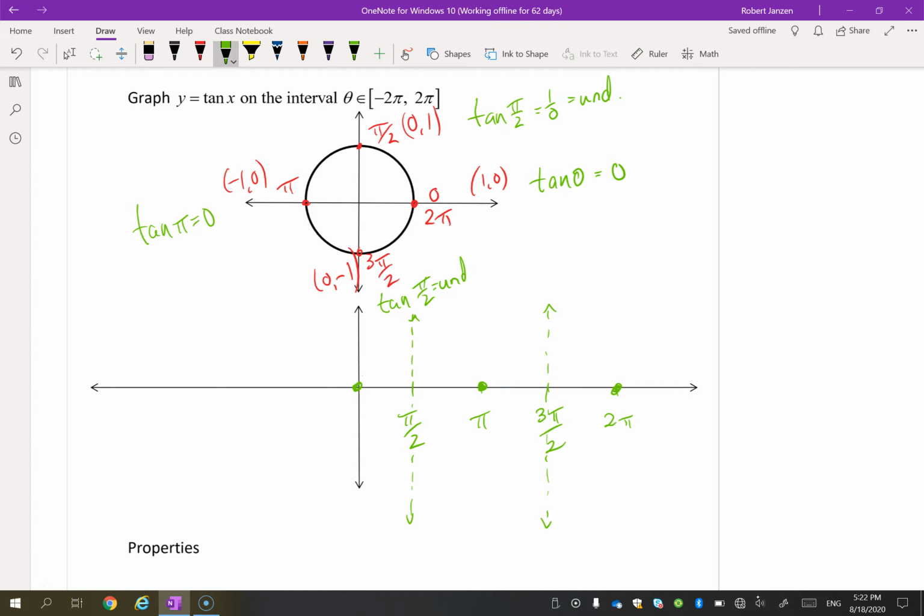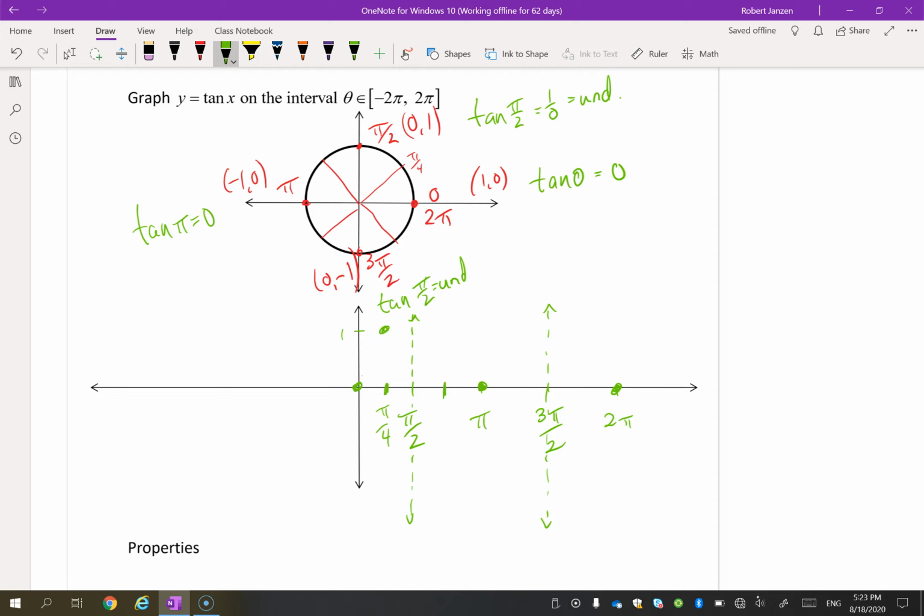What we have to do is figure out what's going on. It might be useful for us to go and think about pi by 4. What's tan there? And what is tan at 3 pi by 4, and 5 pi by 4, and 7 pi by 4? Well, if pi by 4 is right in the middle here, tan is 1.